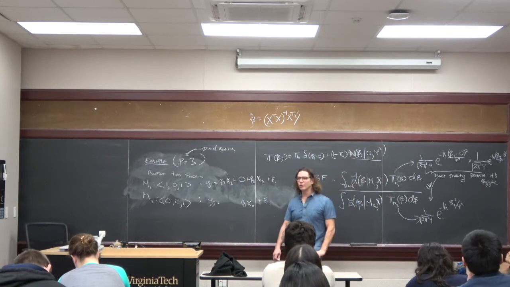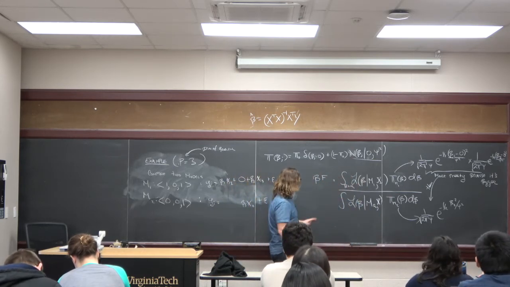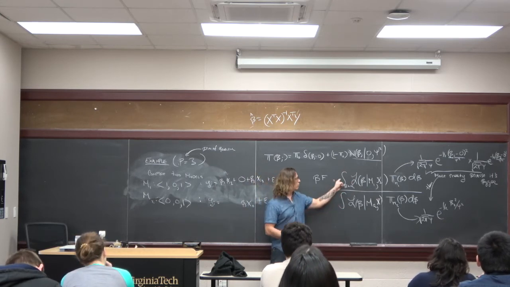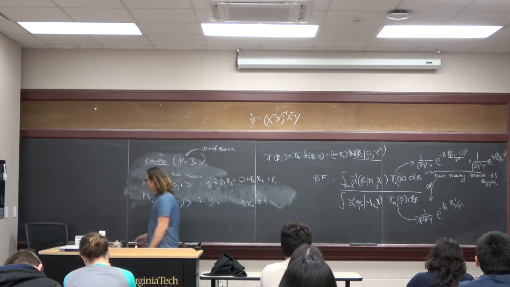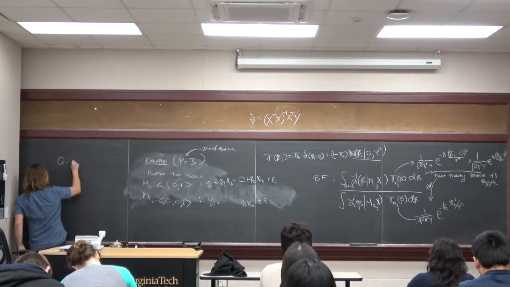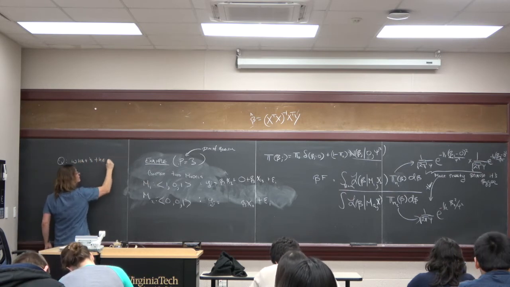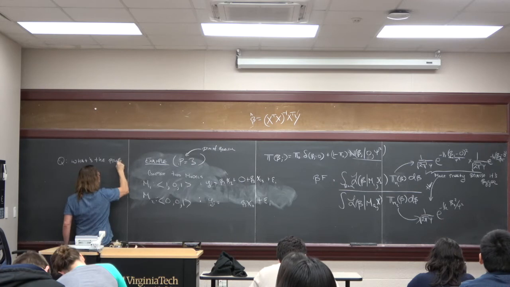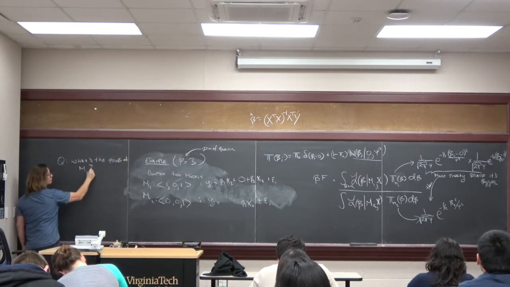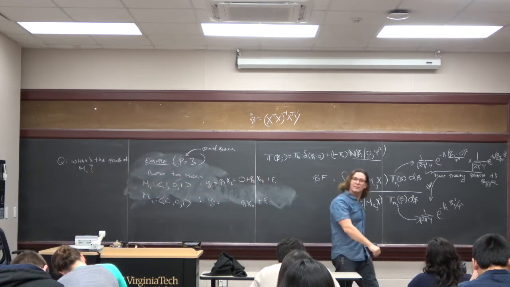Let's say I want to do this stochastically, and I wanted to think about a probability of this model being correct. So simple question, we've answered this a lot of times. What's the probability of model 1 given the data?